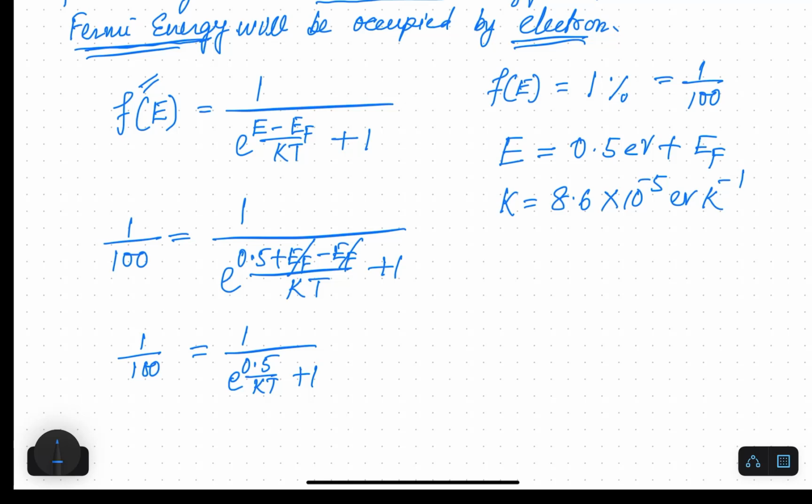If I substitute the value of the Boltzmann constant, I can calculate the temperature.